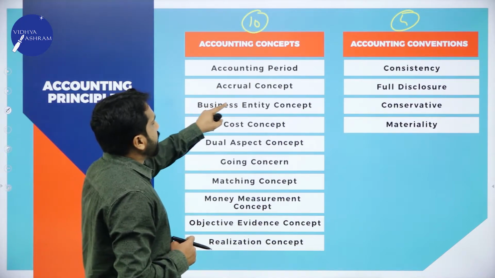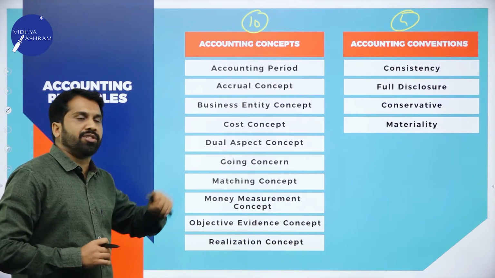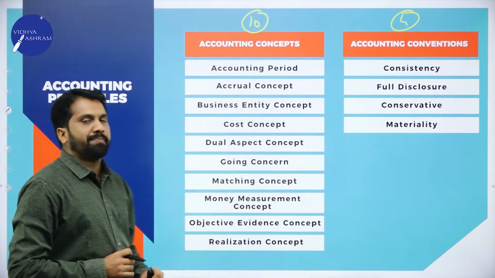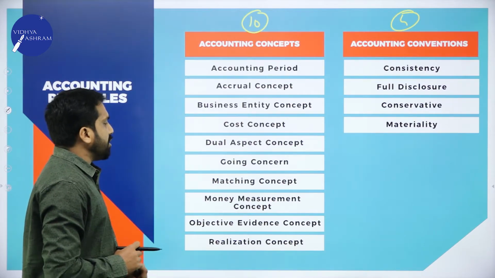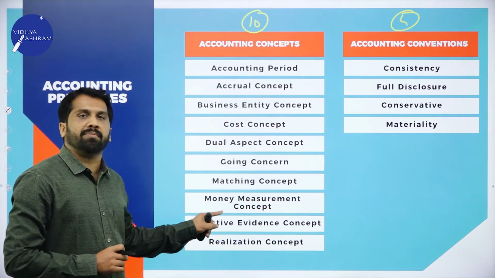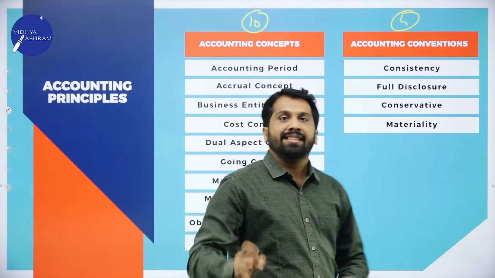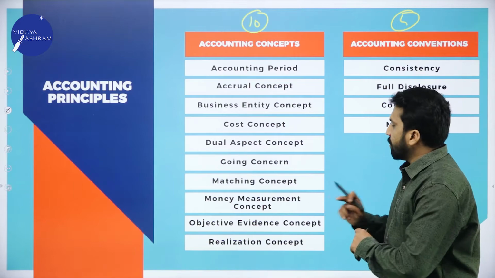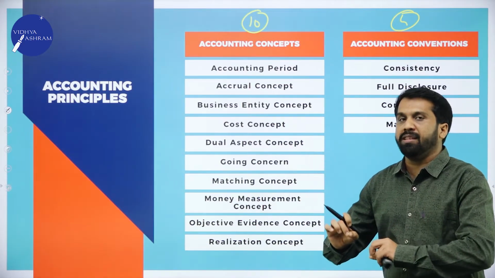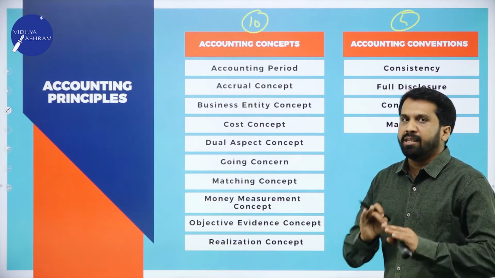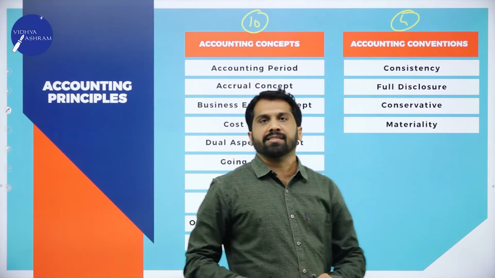Accounting period, accrual concept, business entity concept, cost concept, dual aspect concept, going concern concept, matching concept, money measurement concept, objective evidence as well as realization concept. The individual explanation will be in your next session. For now, you have to remember all 10 concepts.